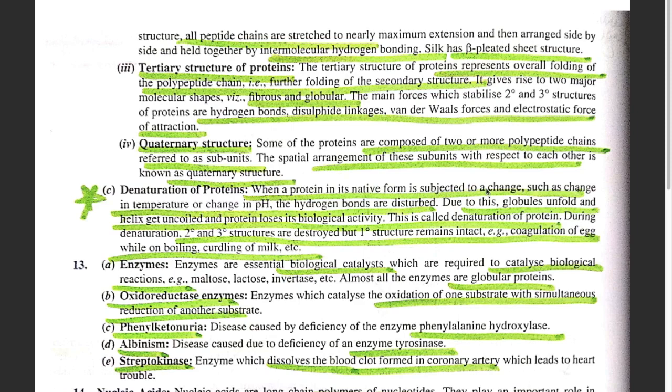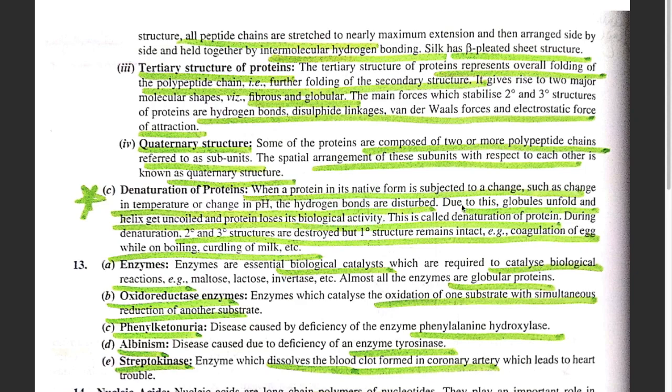When that native state is subjected to a change in the temperature or in the pH, then the hydrogen bonds get disturbed. The primary structure remains the same, remember, but only the secondary and the tertiary structures are destroyed, but the primary remains intact and the protein loses its biological activity.